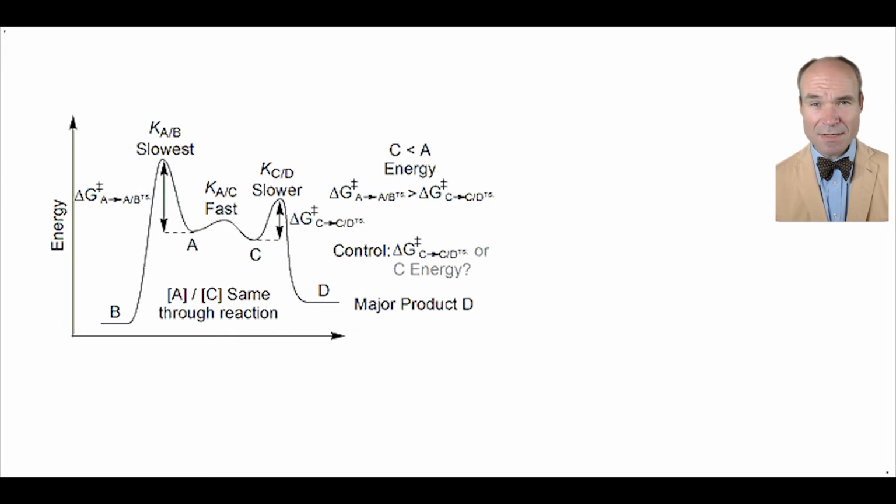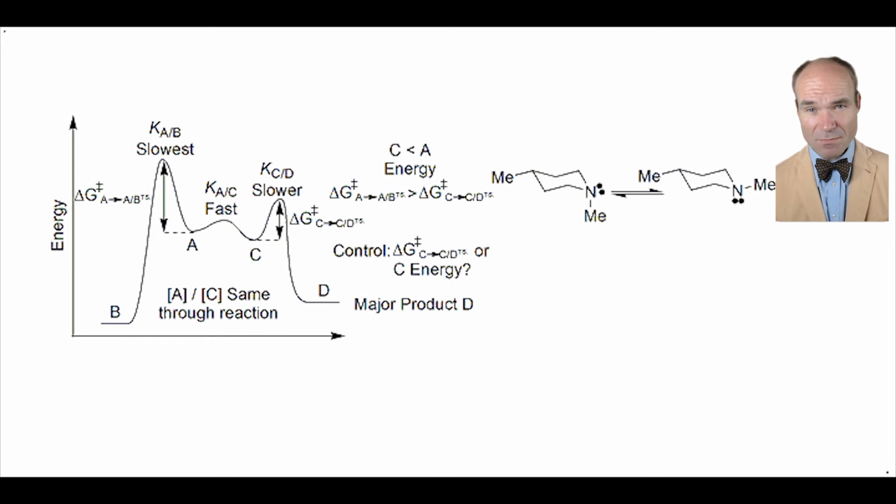An example that has the key features of this generic scenario is the oxidation of 4-methyl N-methylpiperidine into the corresponding amine oxide. One of the two stereoisomers of this N-methylpiperidine is less stable, like A, and the other is more stable, like C. They equilibrate comparatively rapidly due to the small activation energy between them.